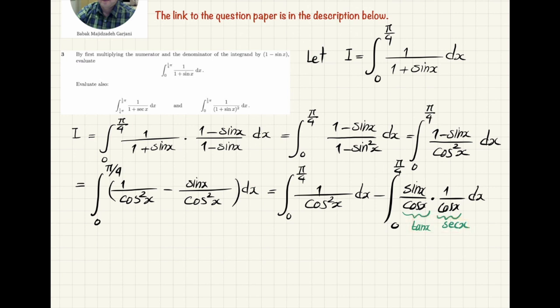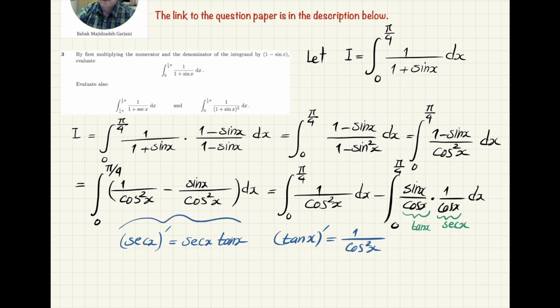So let me write it down here for you. The derivative of secant of x is just secant of x multiplied by tangent of x. And by the way, the primitive function for 1 over cosine squared is tangent, because the derivative of tangent is 1 over cosine squared.